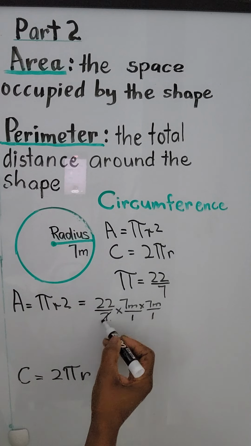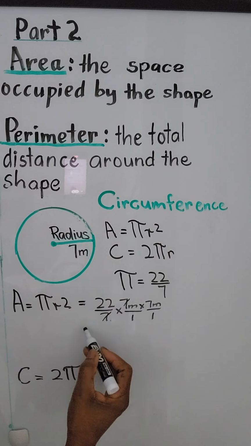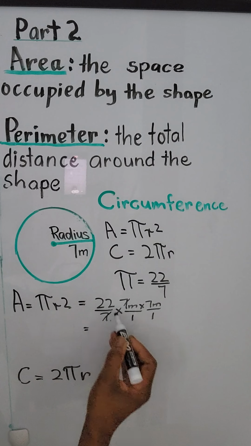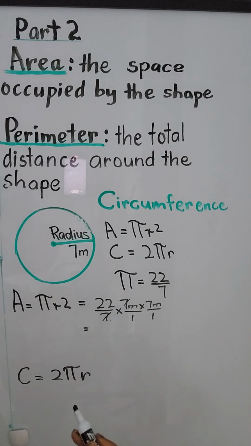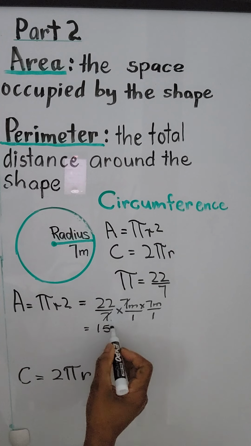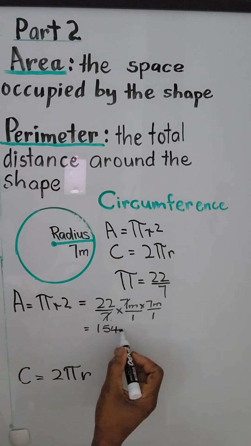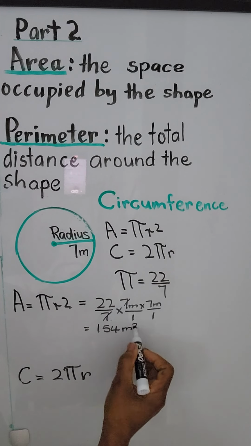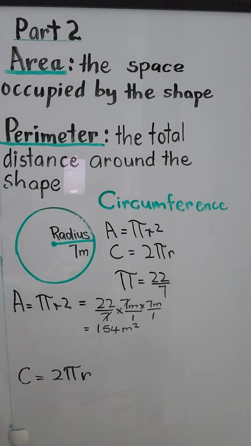So 7 cancels 7. So 22 times 7 is 154, and meter times meter is meter squared. So the area is equal to 154 meters squared.